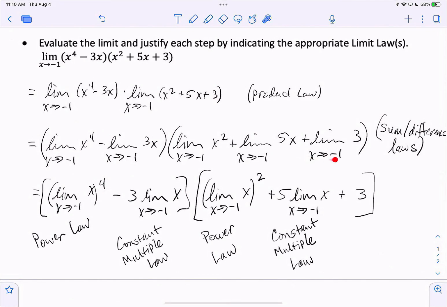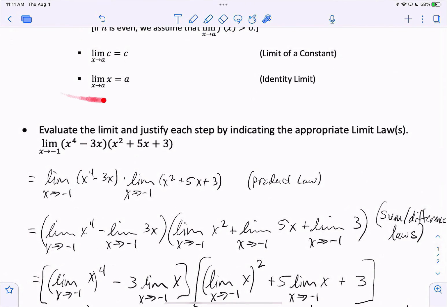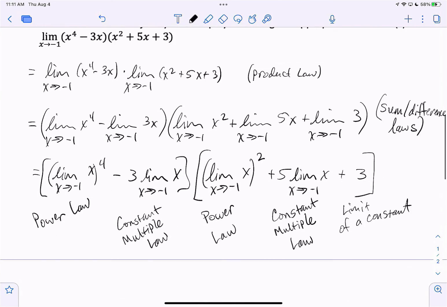Then as x approaches negative 1, the limit of 3 is 3. It doesn't matter. I'm calling that the limit of a constant. What's going to happen now is I'm going to substitute negative 1 in place of x everywhere I see it. That's the one where I'm using what I call the identity limit.